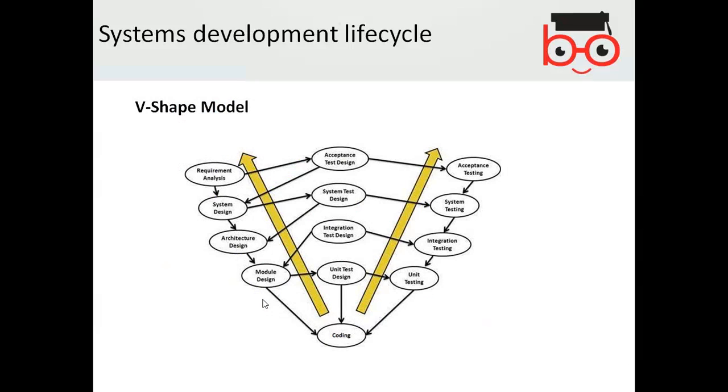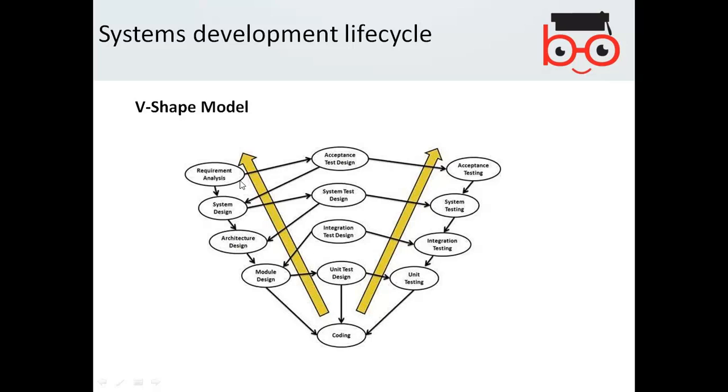Yep. Then the next model is the V-shape model. In the V-shape model, once you start the requirement analysis, system design, architectural design, and module design, you parallelly keep on testing each module.